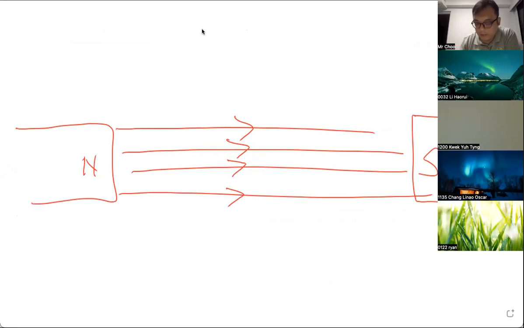If you have a north pole by itself, which doesn't occur in the world, and south pole also doesn't occur by itself, but if there's such a thing, it will move from left to right. Correct? Because north and north repel, north and south attract. So this north pole will move from left to right.